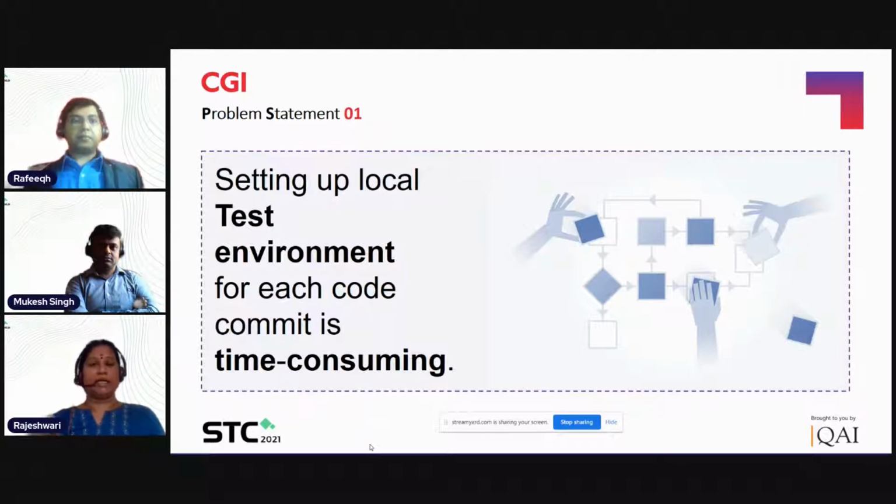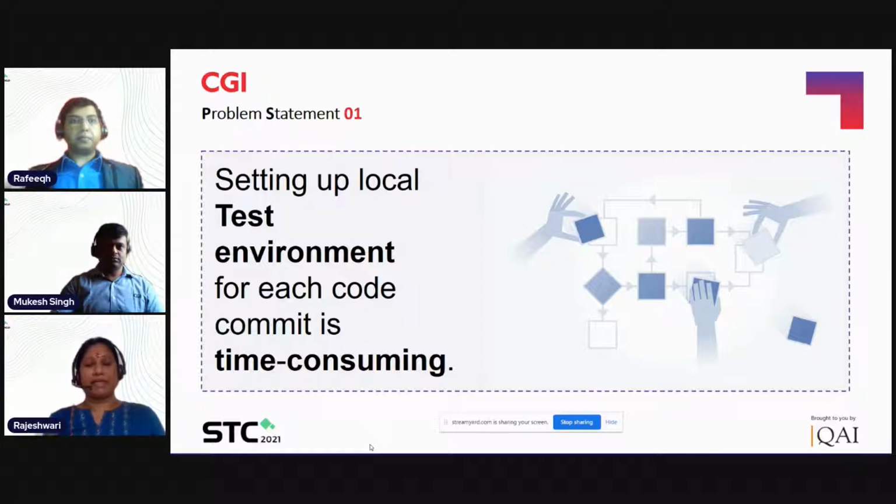Because we have multiple customer environments, we have to connect to the respective application server and the respective data server. We have to trigger the data set which we require to do the thorough testing. All this process is time consuming.